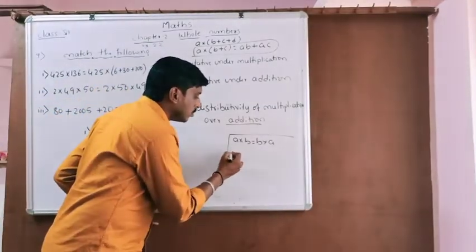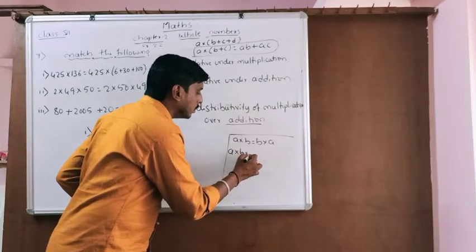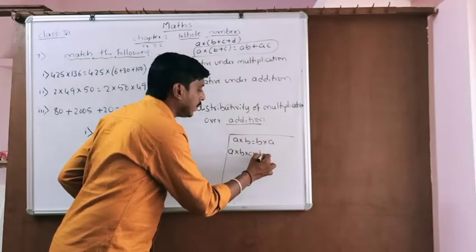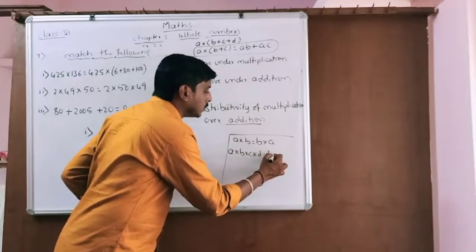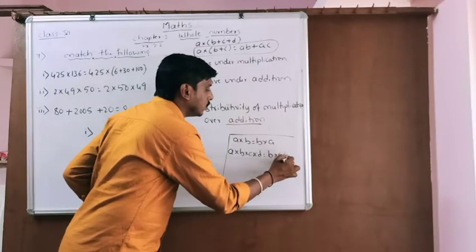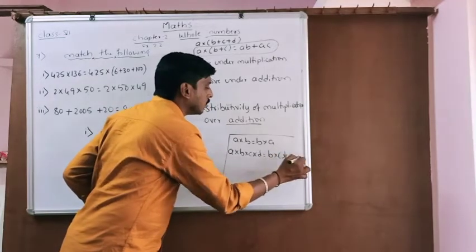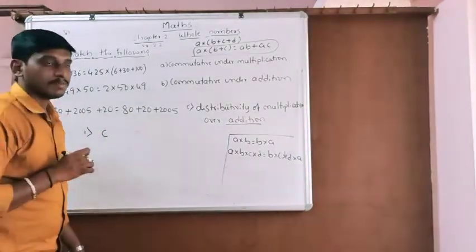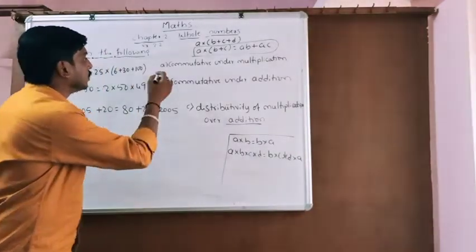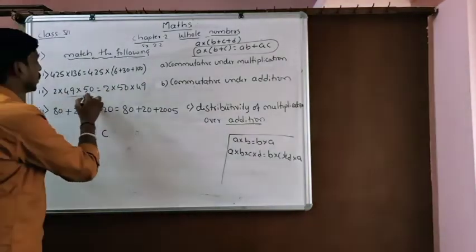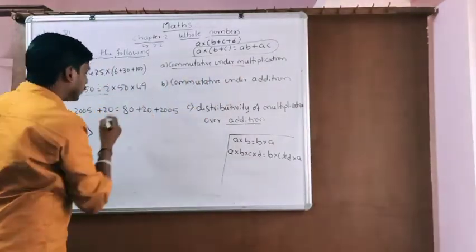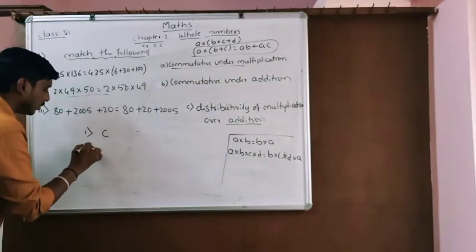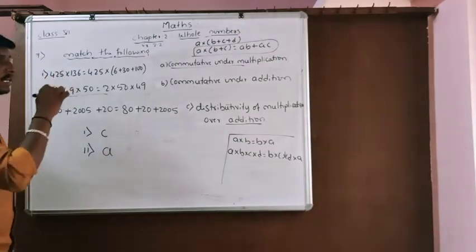So instead of two numbers, you can take a list of numbers, A into B into C into D equals B into C into D into A. It is nothing but the commutative property under multiplication. Is there any option? Commutative property under multiplication is here. So for the second one the answer is A.